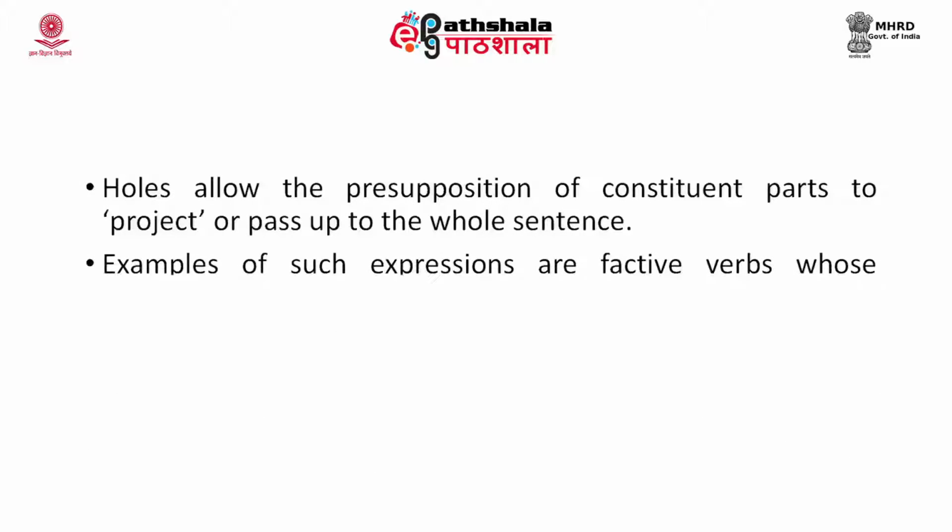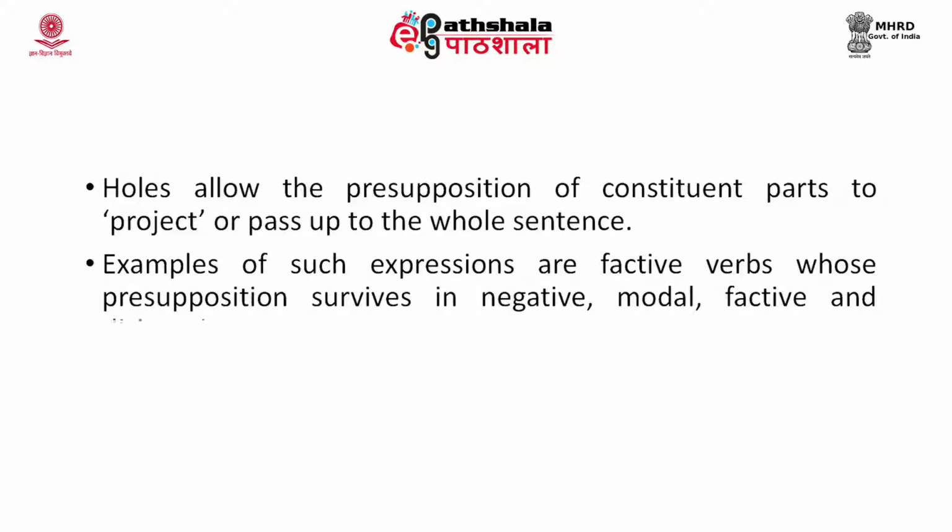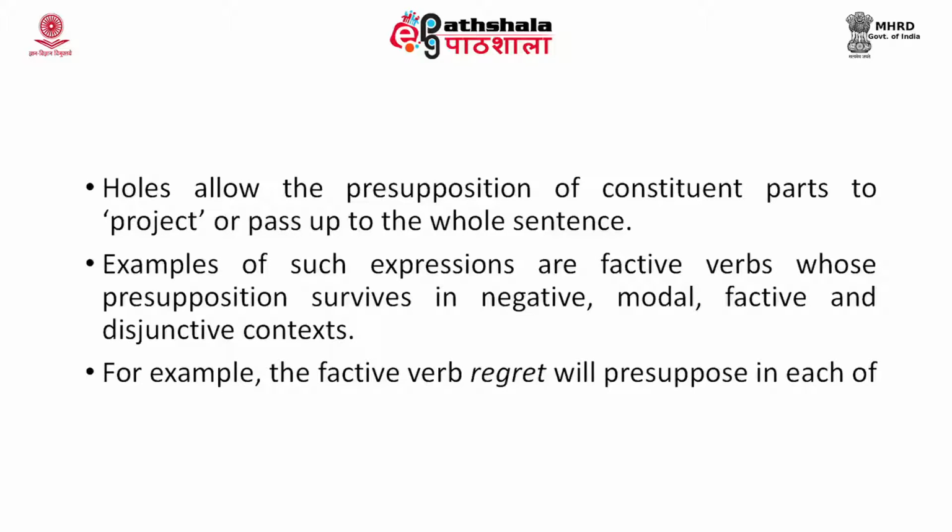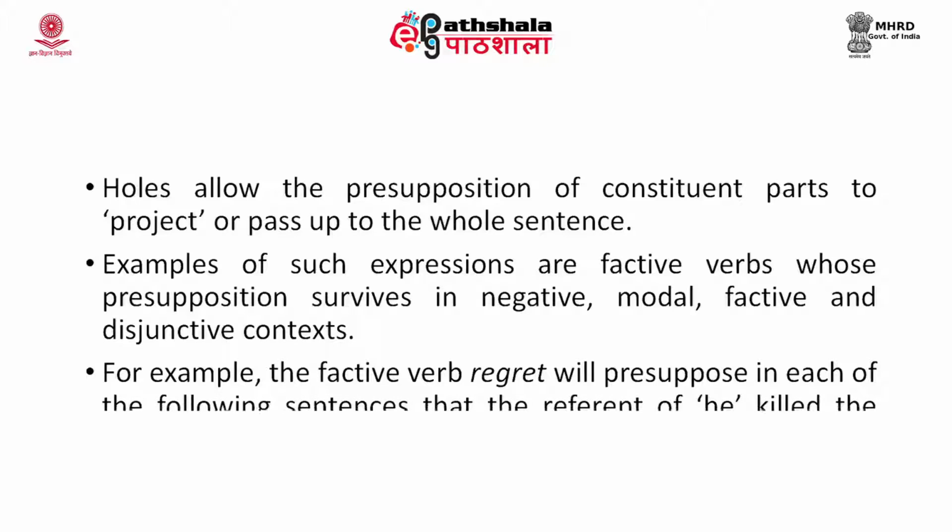Holes allow the presupposition of constituent parts to project or pass up to the whole sentence. Examples of such expressions are factive verbs whose presupposition survives in negative, modal, factive, and disjunctive contexts.